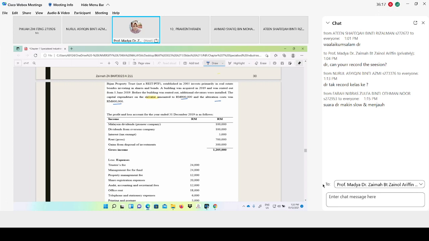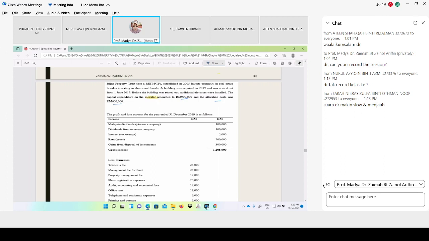So from your lesson about QCE last time, this is the amount that qualifies to be counted under qualifying capital expenditure. The cost of the elevator itself, and then the alteration cost is also part of the QCE. Unless it is stated that it is to prepare the site, then you need to test 10% of the total cost.